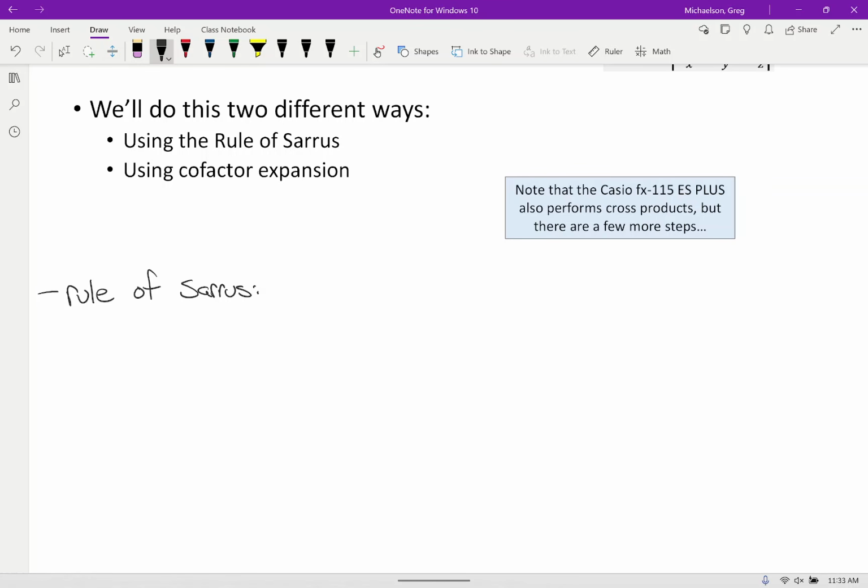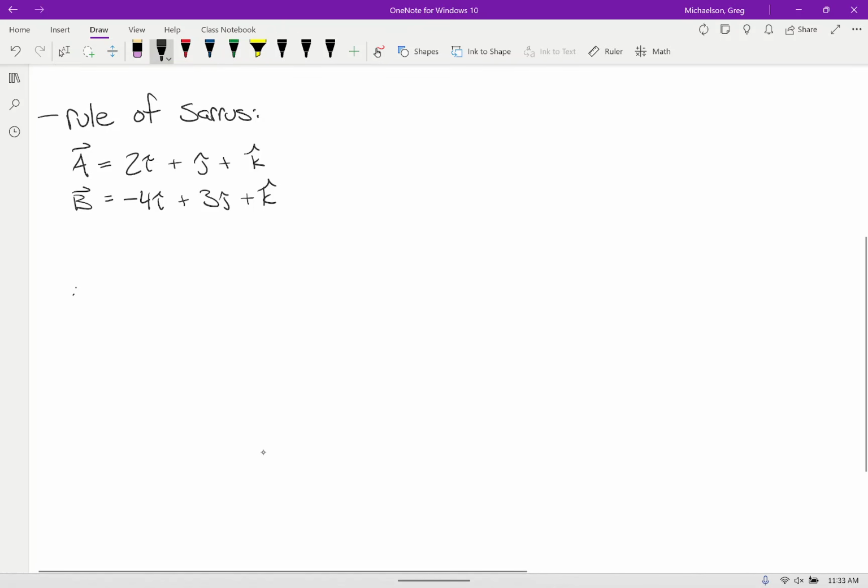Okay, so here's our two vectors. A is 2I plus J plus K, and B is negative 4I plus 3J plus K. And so for A cross B, what we're going to do is write that in a 3x3 table.